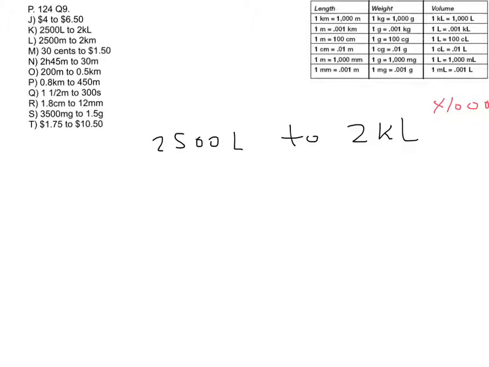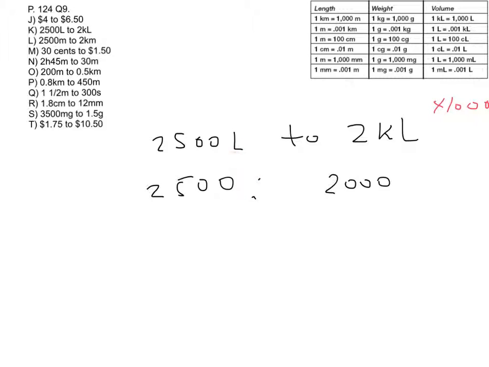So 2 times 1,000 is 2,000 liters, and we already have liters over here, so we don't need to convert that, so we can leave that as is.